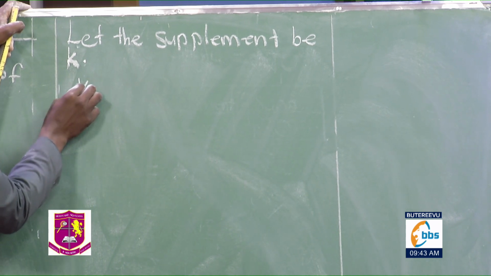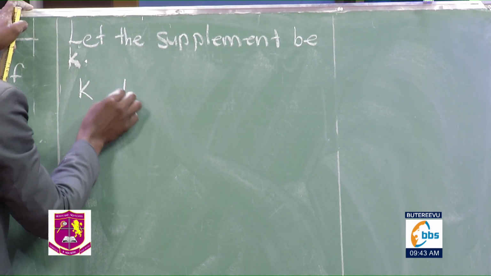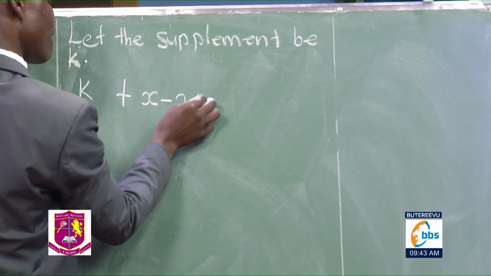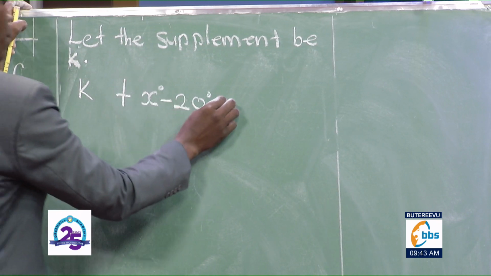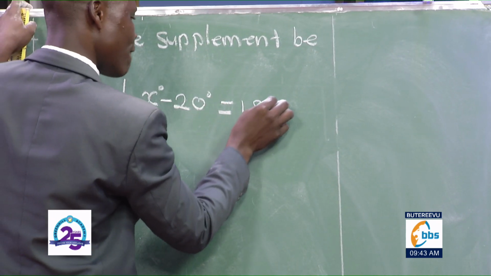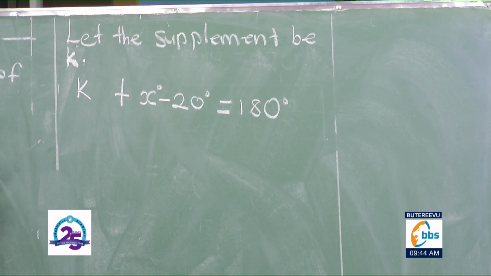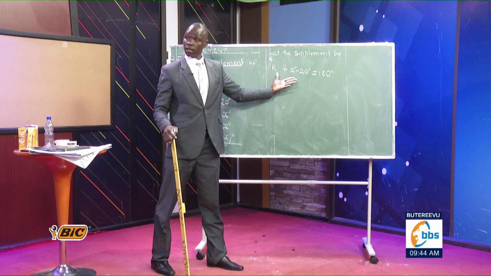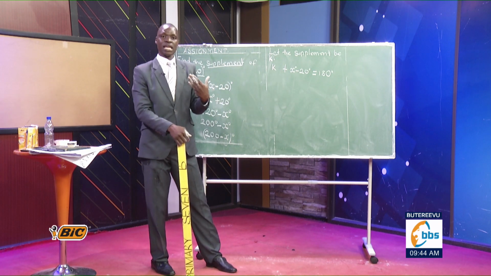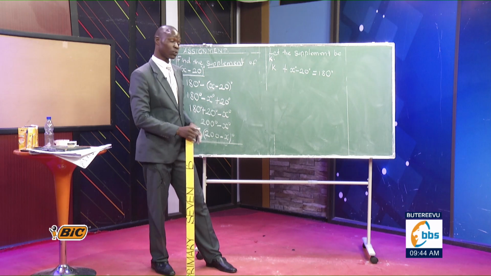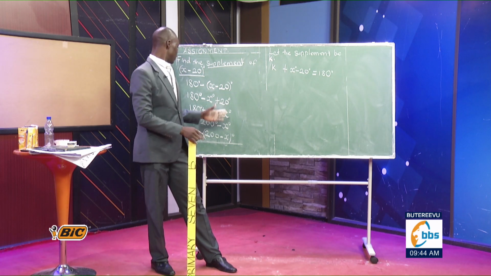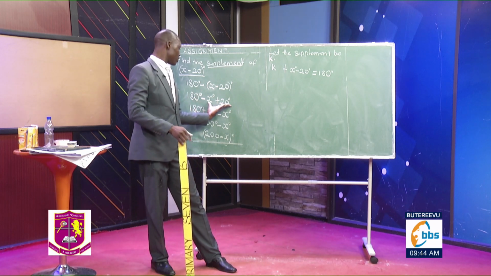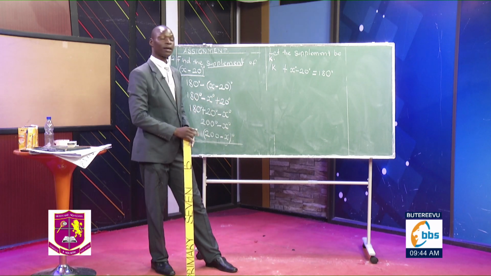So k plus x minus 20, let me put degrees on each, must give us 180 degrees. Only this equation can lead you to earn a method mark for the correct equation. Same thing here. You can earn an accuracy mark maybe after opening up brackets.